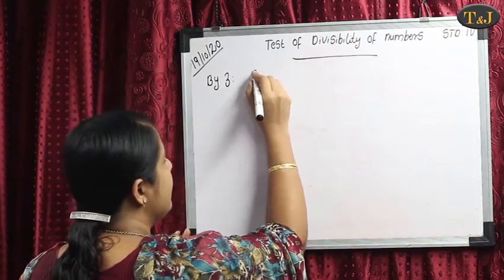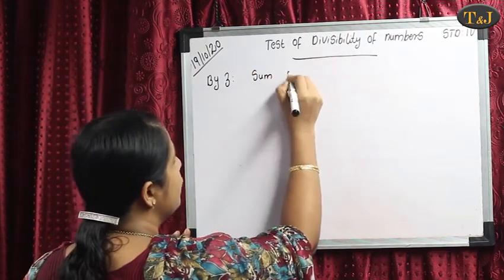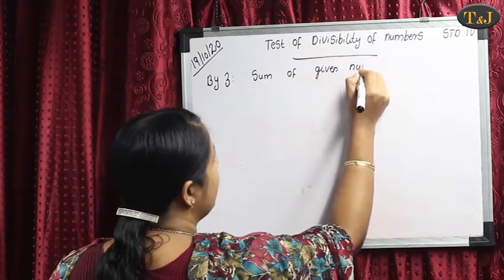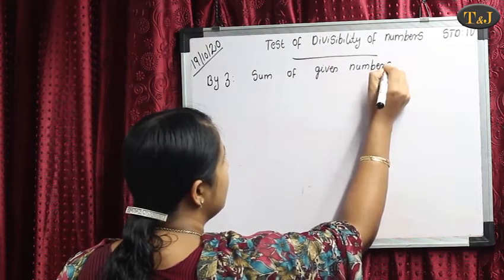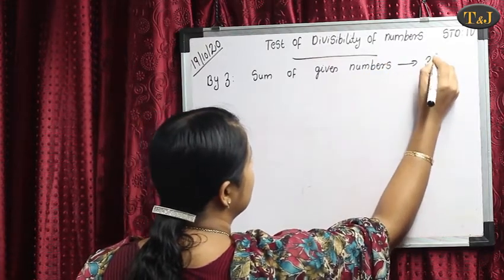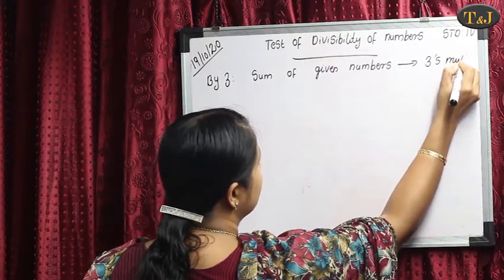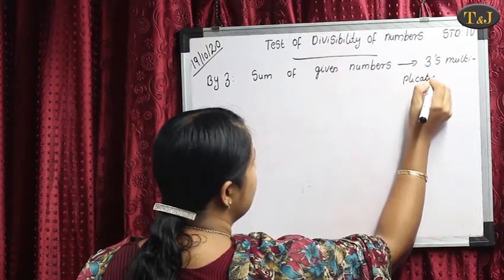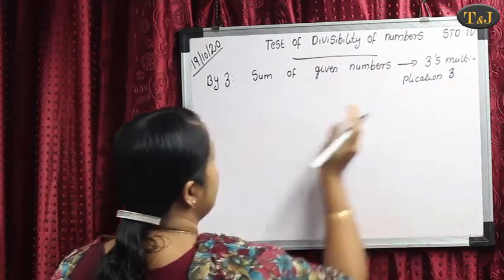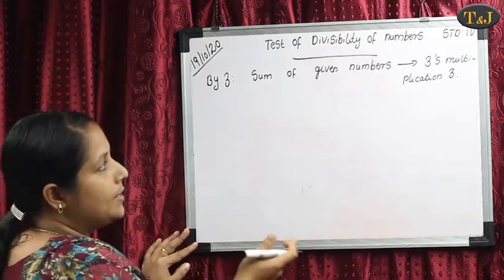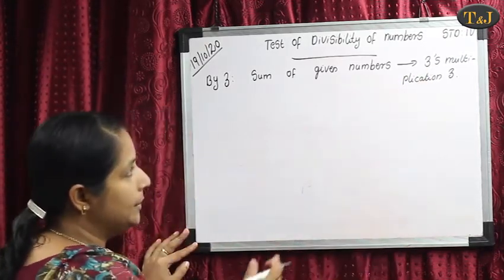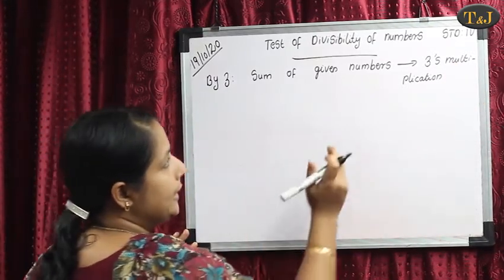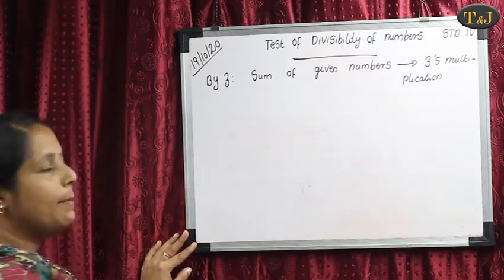The condition is that when we take the sum of the digits of the given number, if the sum is included in 3's multiplication table, then that number is divisible by 3.